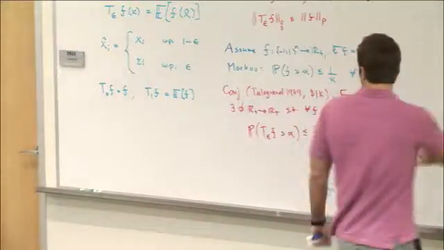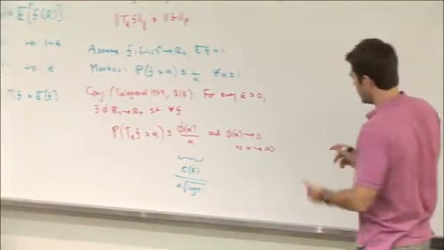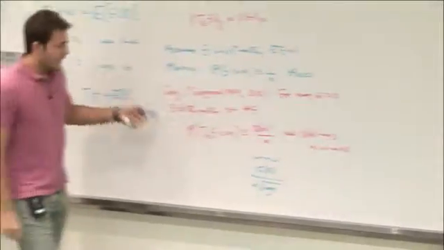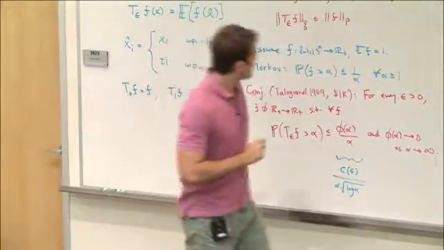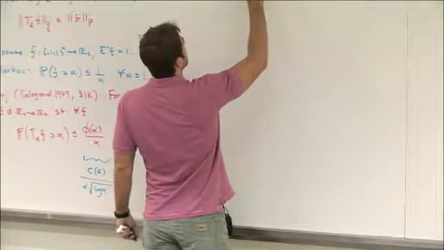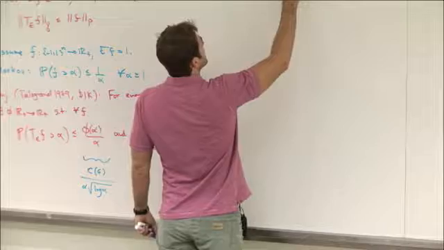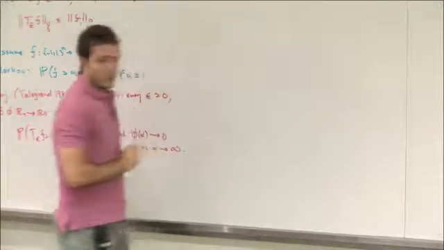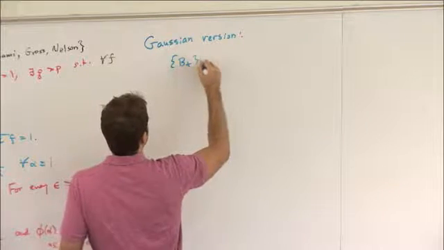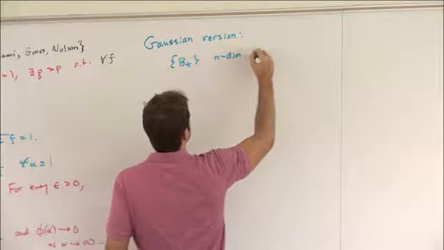Okay, so we're not going to talk about this one today, but what Ronen will prove tomorrow is that the Gaussian version is true. Okay, so what is the Gaussian version? Okay, so I need some objects. One is some n-dimensional Brownian motion.